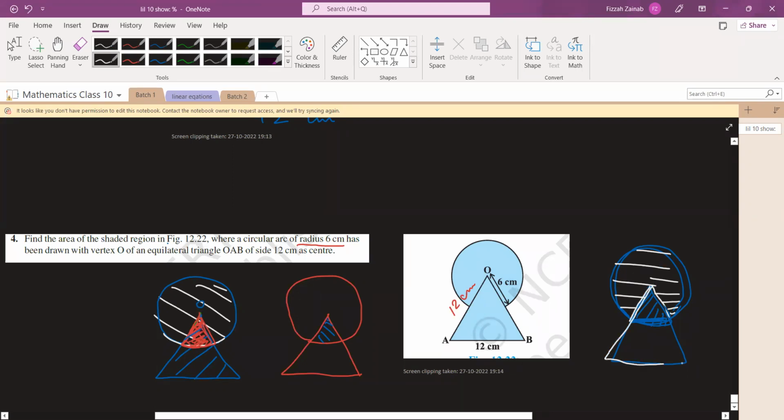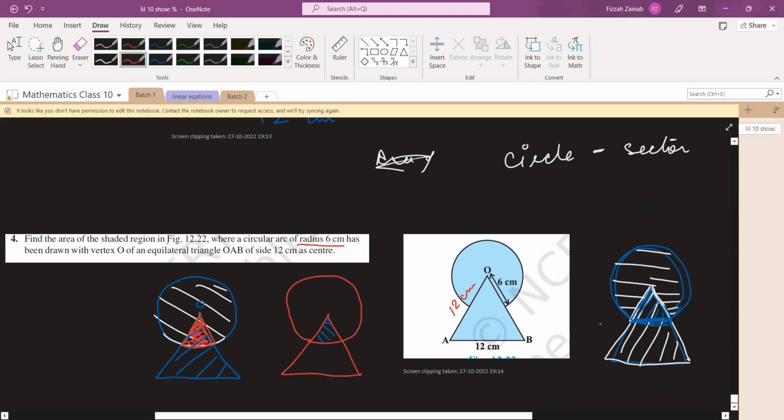When I'm finding the area of the triangle, this part is included here, correct? So when I've already subtracted the sector and then I'll add, that will give me the area of the shaded part. No, no, no. First of all, you find the area of the circle here, right? So you will find the circle and then you will subtract a sector. Is that clear?